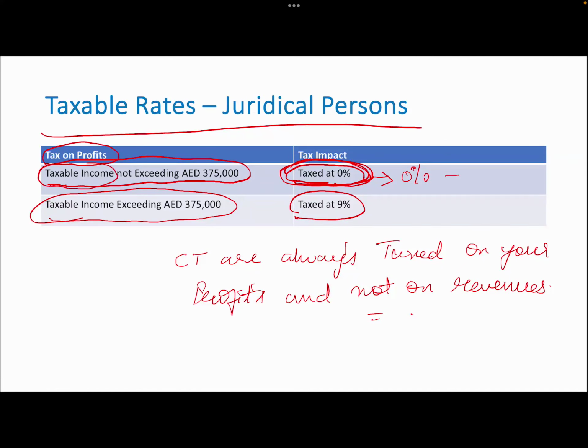Taxable income is nothing but profits. You don't end up paying corporate tax on your revenues, but you end up paying corporate tax on your profits. And also remember, if your profits are not exceeding AED 375,000, you are taxed at 0%. If your taxable income is exceeding 375,000, then you are taxed at 9%. Okay, let's move to the next slide.